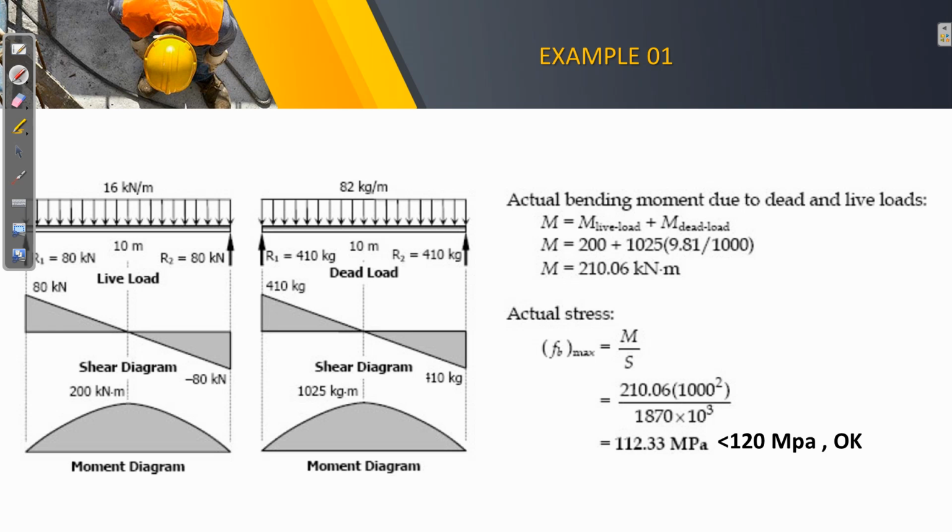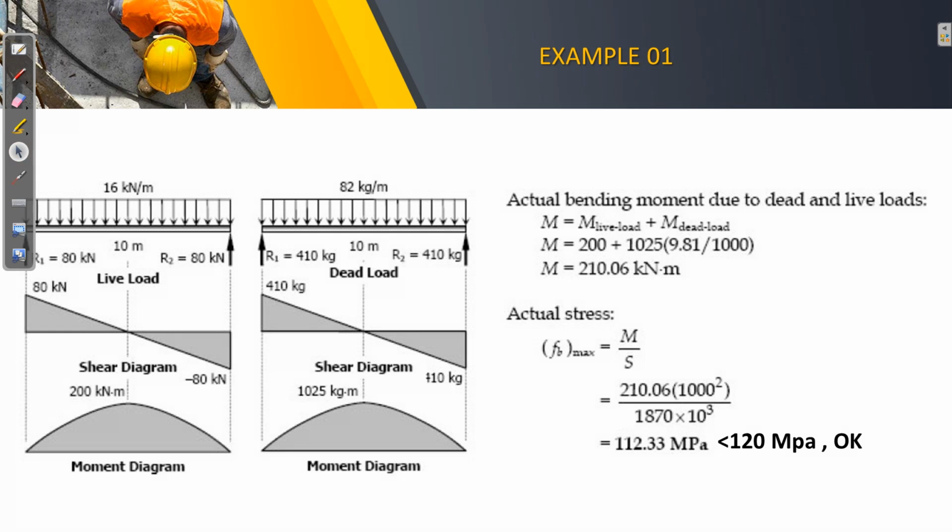And we will yield a value of 112.33 megapascal, which is less than the limit flexural stress of 120 megapascal. So your section is fit to carry the required loading.